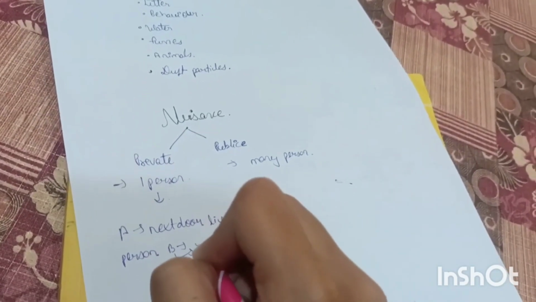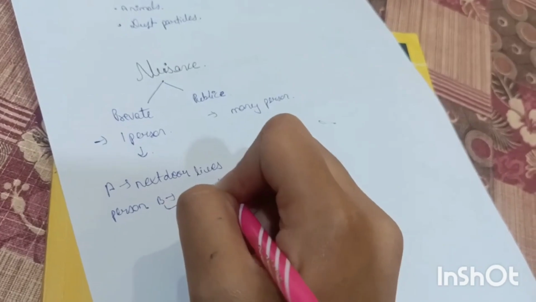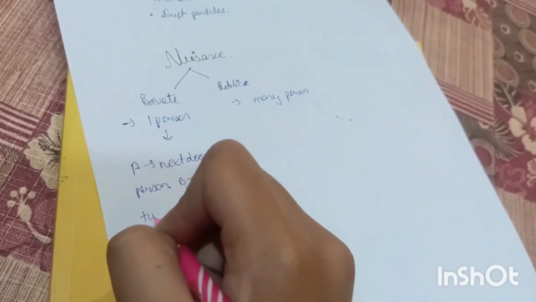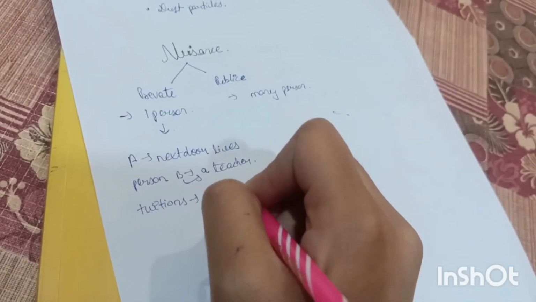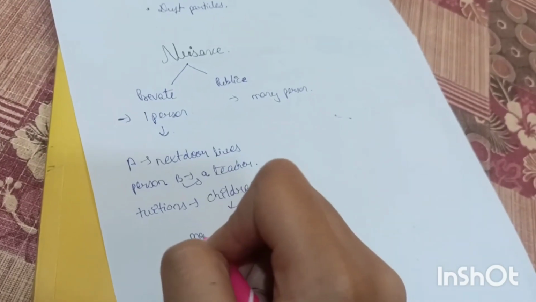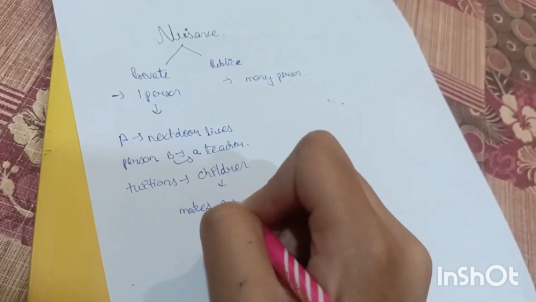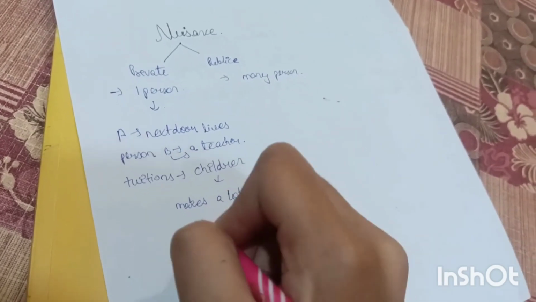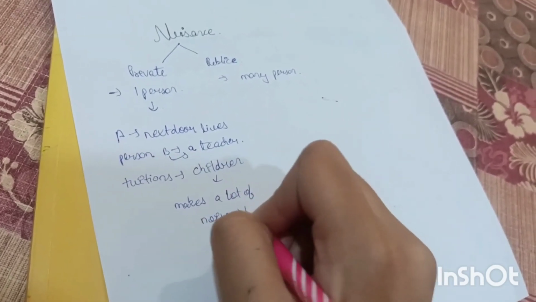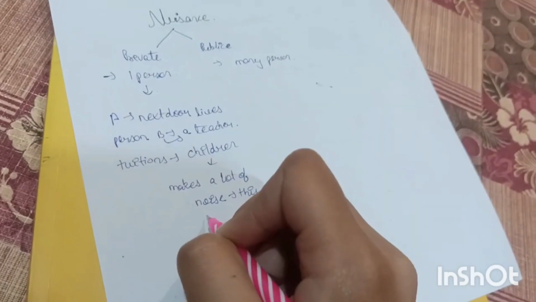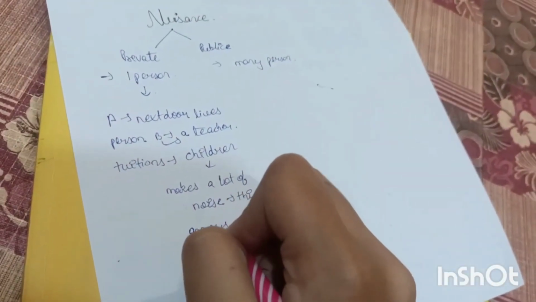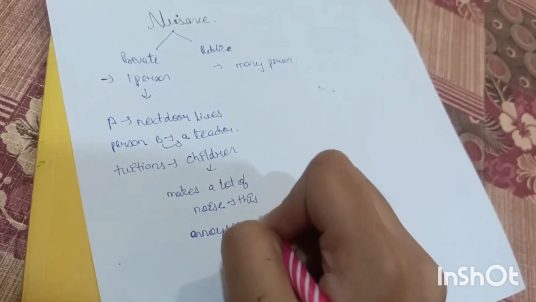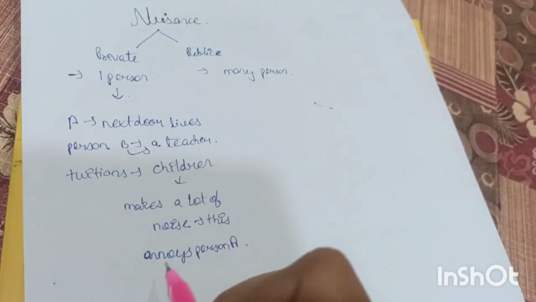He gives tuitions, and the children who come to study make a lot of noise, and this annoys person A. Here only person A is getting annoyed, so this comes under private.